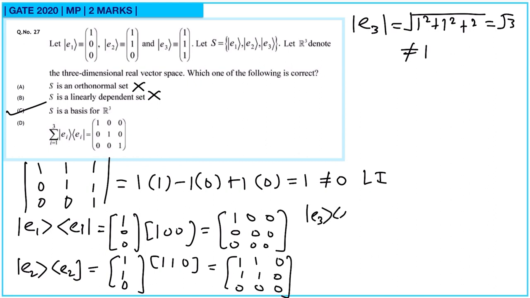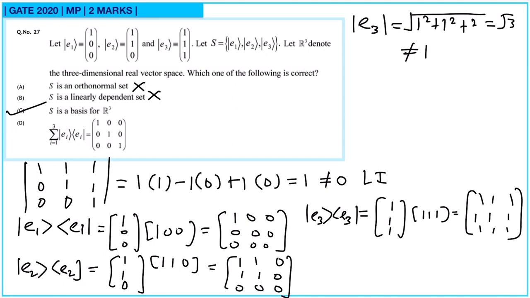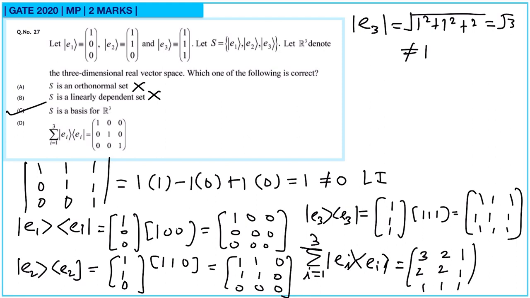For E3, we have (1, 1, 1) multiplied by (1, 1, 1). So this will be equal to this matrix. And if we add all these matrices, the summation from 1 to 3 of ei ei transpose, we get first row 3, then here 2, 2, 2, and then 1, 1, 1. So this is not equal to the identity matrix. So option D is wrong. Only option C is correct.